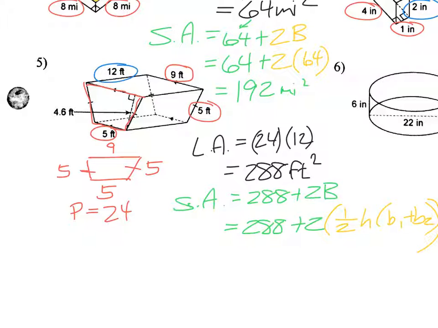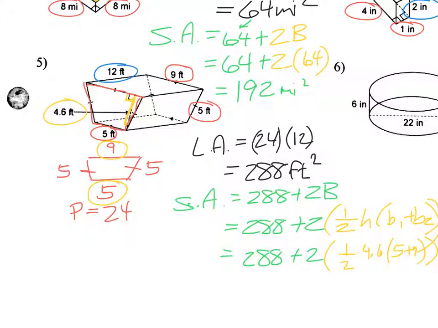Okay, so now I've got 288 plus 2 times 1/2 times the height of the trapezoid. The height of the trapezoid is this one, makes the right angle, which is 4.6. So times 4.6 times the two bases added together. The two bases are the 5 and the 9. So 5 plus 9.